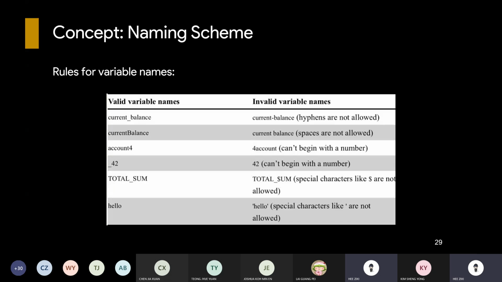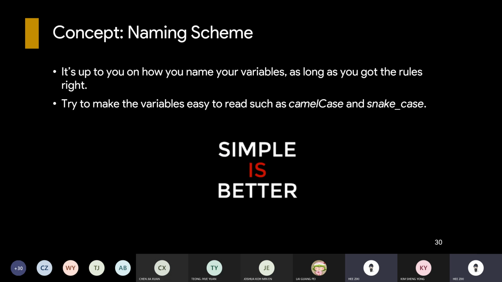It also cannot use special characters, or single quotes. Just please make your life easier and just use alphabets and underscores. Just don't make your world hard. Remember, simple naming is always better.